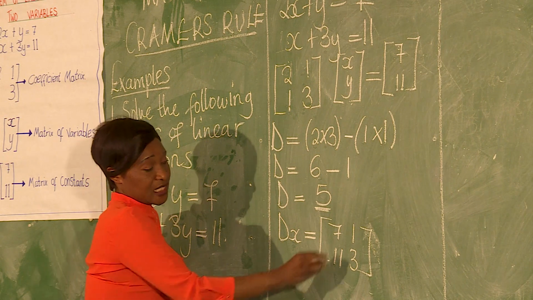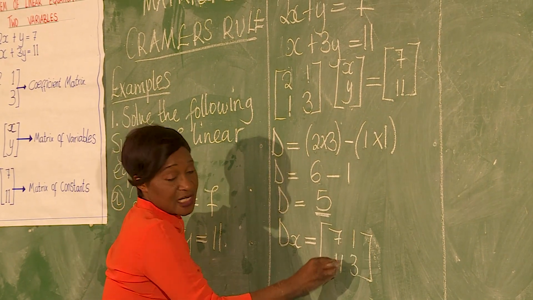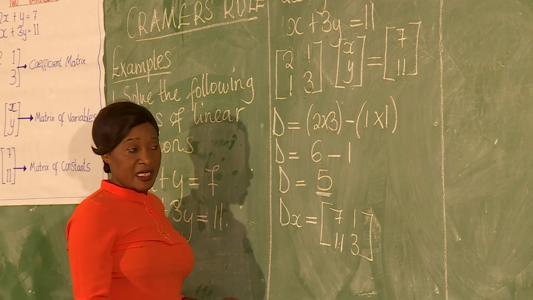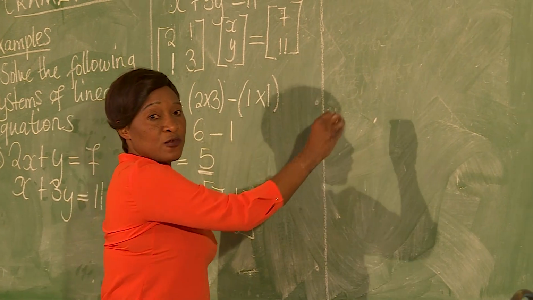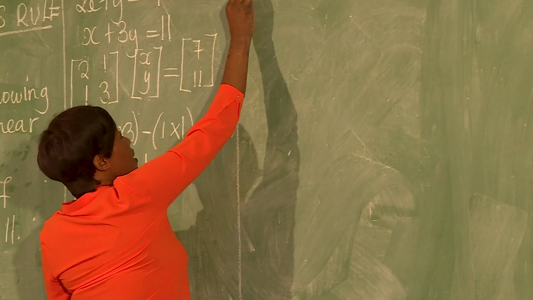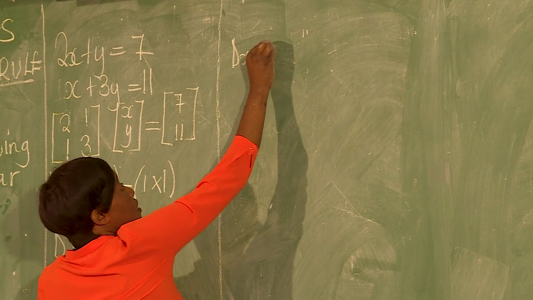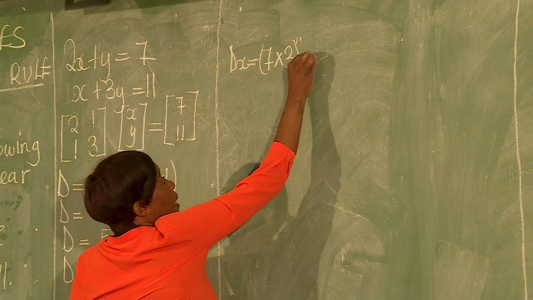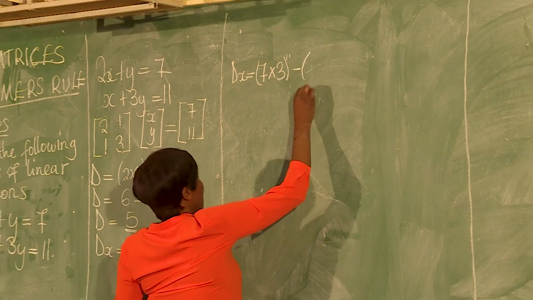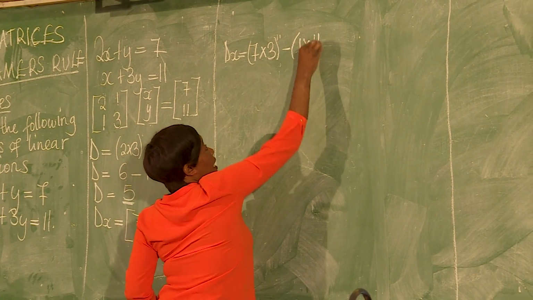We already know that it is the product of the major diagonal subtract the product of the minor diagonal. Clear? Yes. Right. So we'll move and we'll say determinant x is equal to 7 multiplied by 3 minus 1 multiplied by 11, like that.